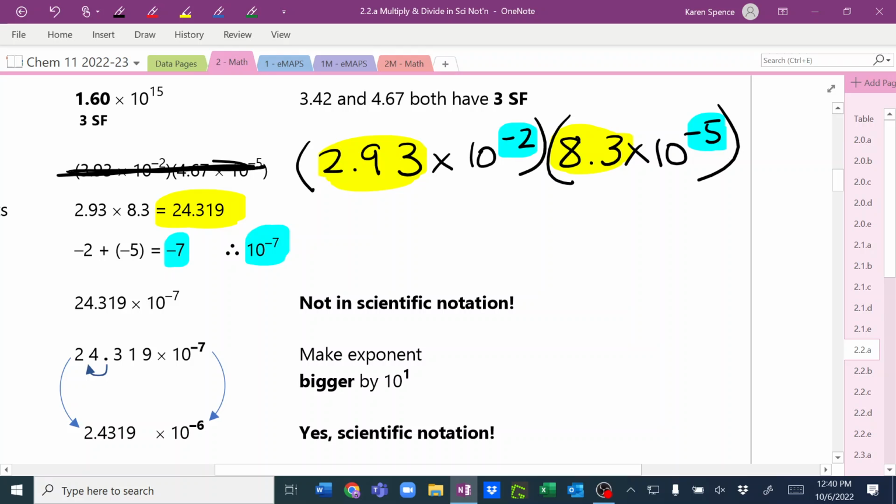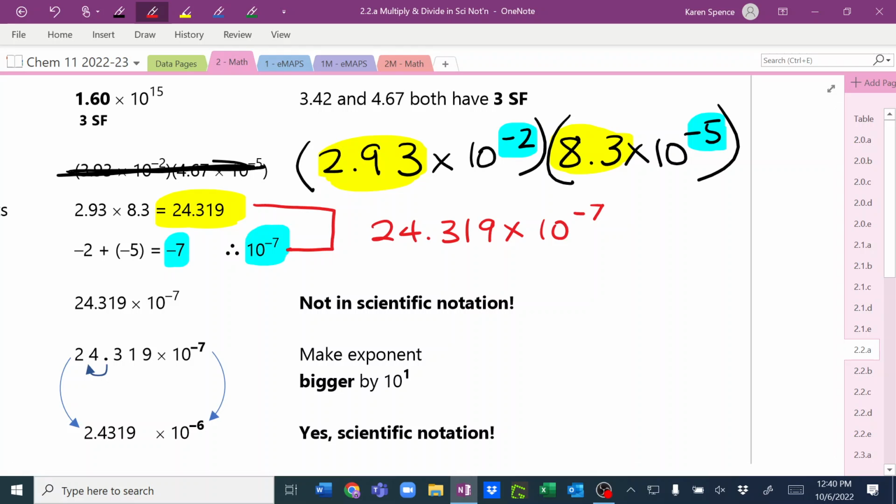So all together, if we take these two parts together, we now have 24.319 times 10 to the minus 7. And you have to ask yourself, am I in scientific notation? No. What do I have to do to the 24 to make it in scientific notation? Move the decimal where?